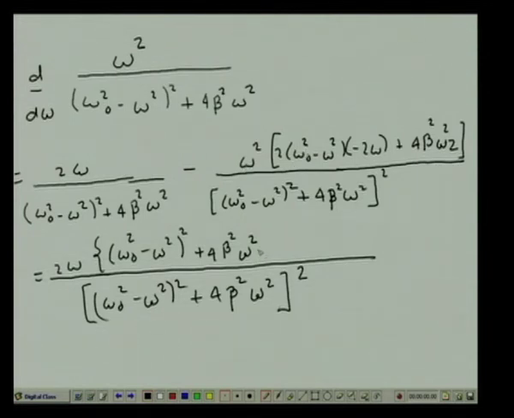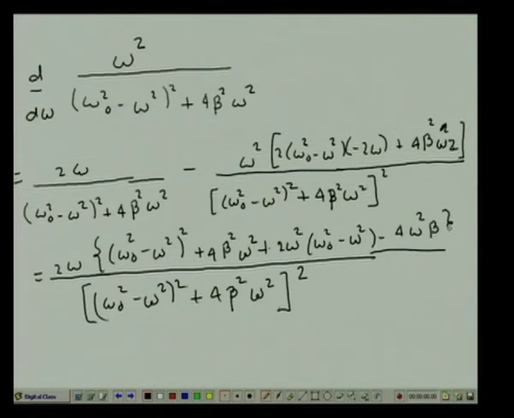So, the first term gives us 2 omega square omega naught square minus omega square, and the second term from here, if I take 2 omega, there should be no omega square, this square should not be here if I differentiate it. So, if I take 2 omega common, then I will have minus 4 omega square beta square.